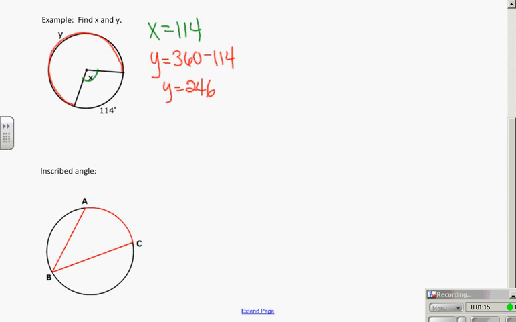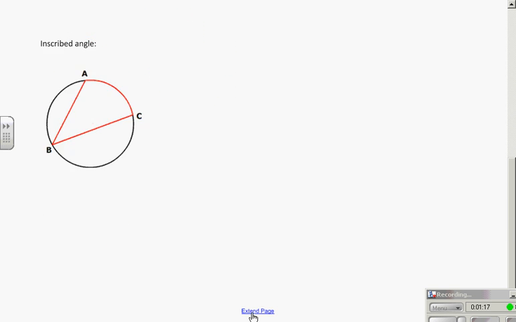What happens when things get a little different though? What happens when we have an inscribed angle, so that the vertex is on the circle? Well, we can't do equal, because that's when it's at the center.